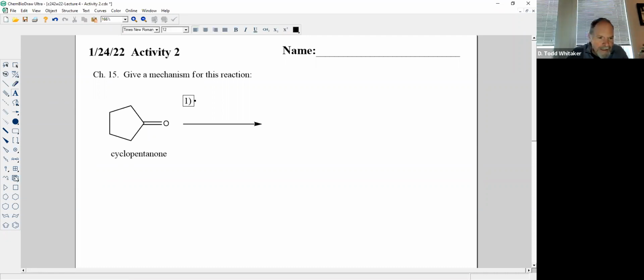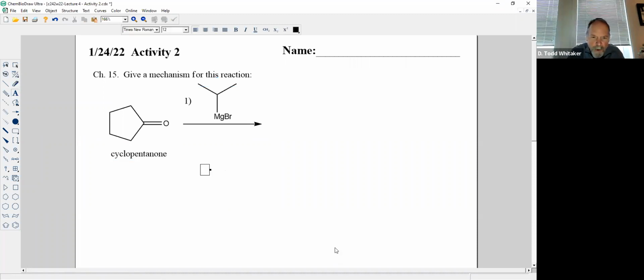One, we're going to react it with, I'm drawing it here, but I'm going to move it up there, okay? And this one will be MgBr. We've never seen magnesium in this course. MgBr attached to, I guess you'd call it an isopropyl group.